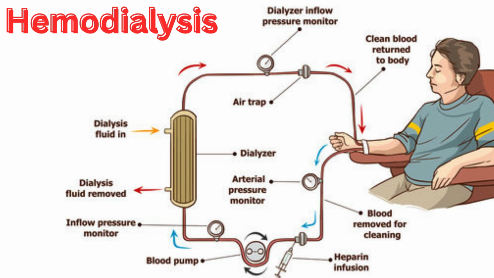Across this membrane, through diffusion, nitrogenous waste is added to the dialysate, which washes it away, and this filtered blood comes back and enters the human circulation. So this process is known as hemodialysis.